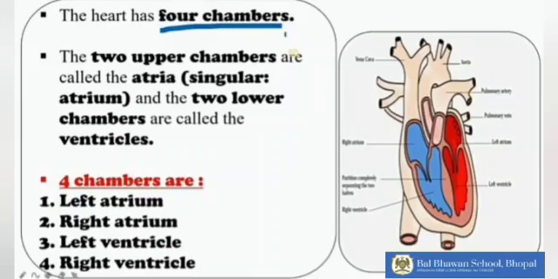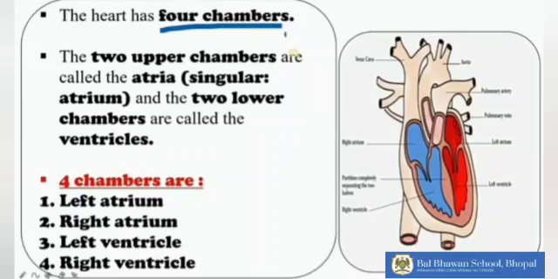You can count the chambers. There are 2 blue colored chambers and 2 red colored chambers. The 2 upper chambers, that is one blue and one red, they are known as atrium, or we call them auricles.